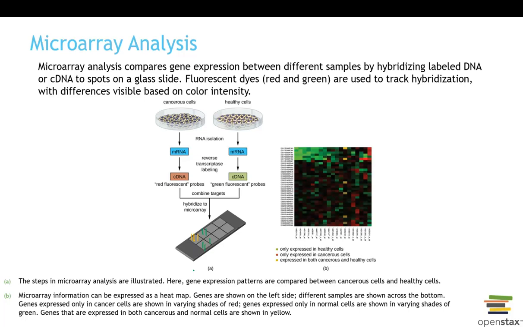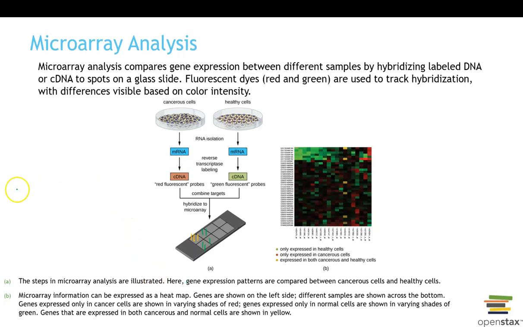They usually use this technique for gene expression. So we are working with messenger RNA and cDNA, or complementary DNA. For example, you have a healthy patient and a patient with cancer, and you want to see which genes are related to the cancer.